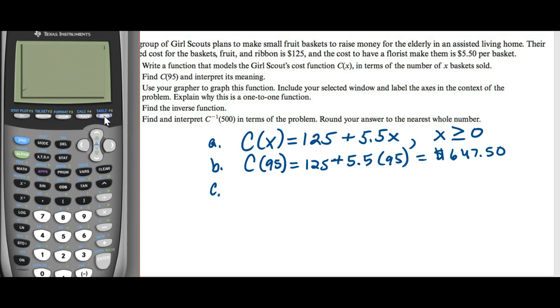So now we can look at our window, look something like that. If we wanted to label our axes, we'd know that the x-axis would be the number of baskets and the y-axis would be the cost. And it says, why is this 1-to-1? Well, you can see that it's 1-to-1 because it passes the horizontal line test.